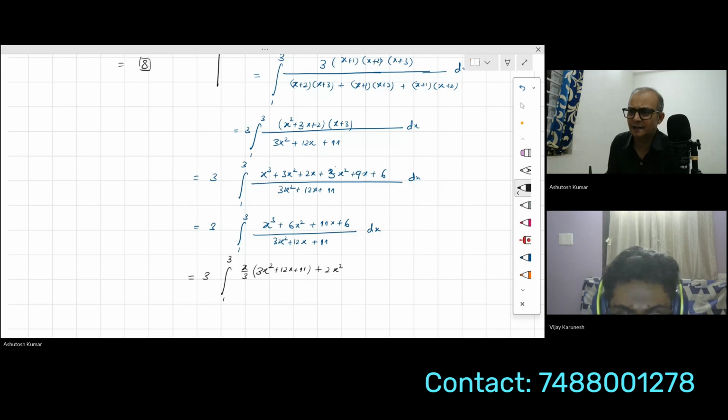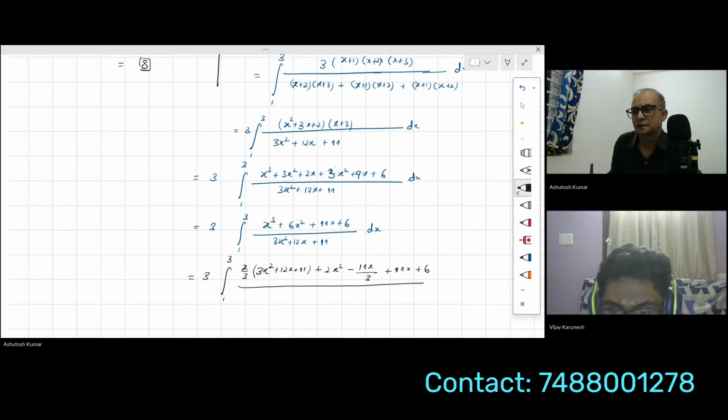Have I not done this kind of thing in classes? Yes, sir. Then we get 11x by 3, but I need 11x. So what do we add or subtract? Plus 2x. So 11x by 3 I subtract, and plus 11x I add, and plus 6.